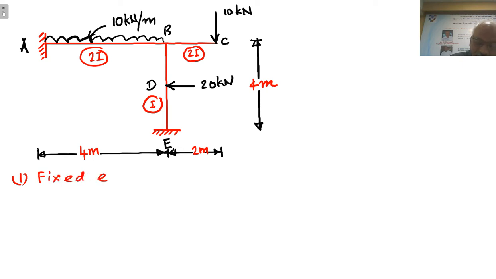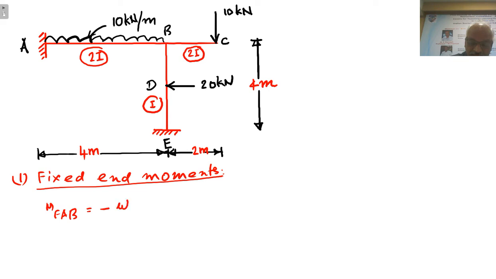So first step is fixed end moments. M of AB equal to minus WL square by 12, because it is subjected to UDL over the entire span.